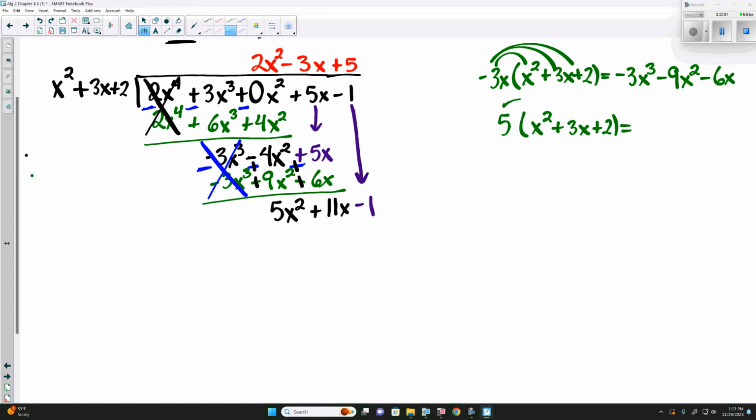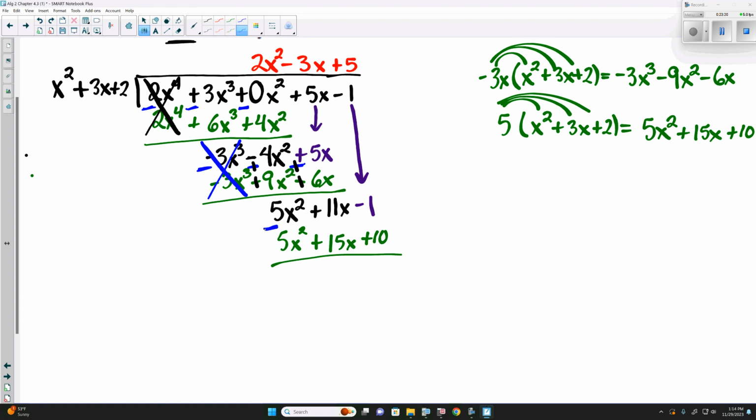And again, at this point here, we're going to distribute the 5. 5 times x squared is 5x squared. 5 times positive 3x is plus 15x. And 5 times 2 is plus 10. So underneath this here, we're going to put 5x squared plus 15x plus 10.